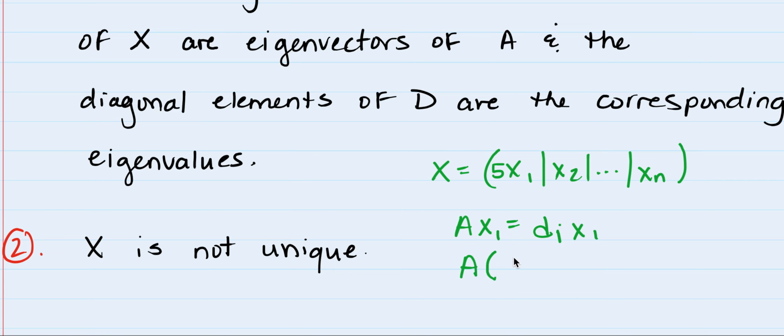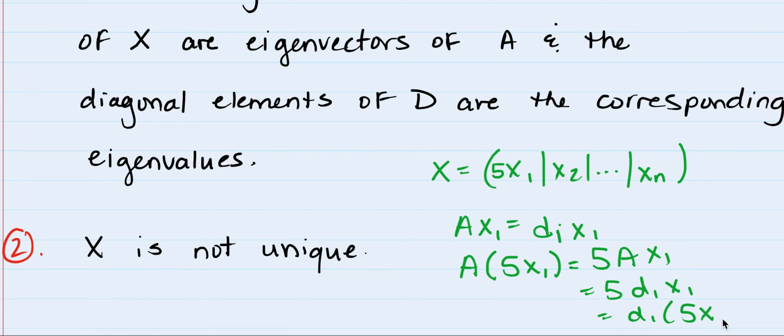Well, A times 5x1 is also going to be d1 times 5x1. So 5x1 is also an eigenvector, and so we could put that here. That would be an eigenvector in the eigenspace corresponding to this eigenvalue d1.